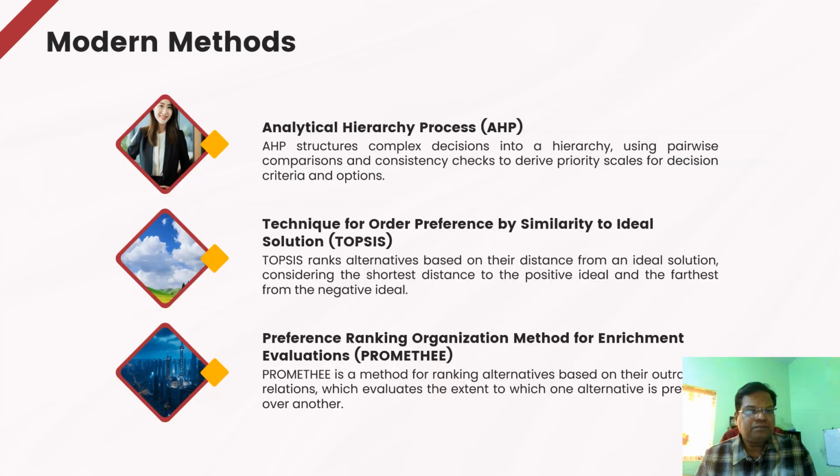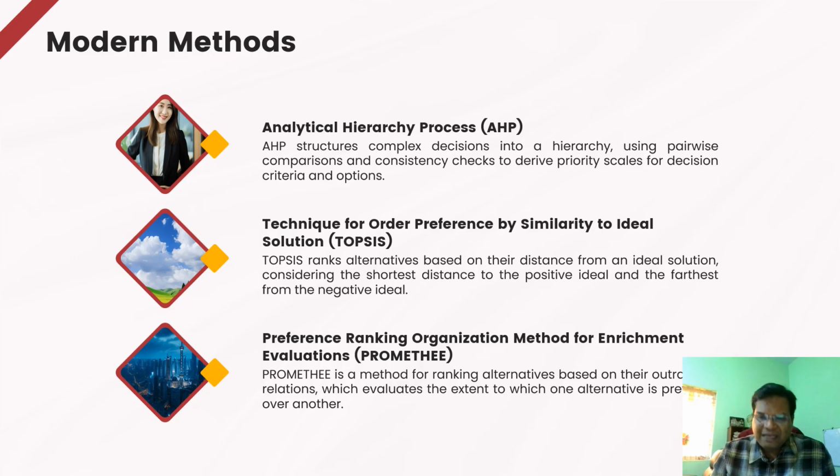Now see some modern methods like the analytical hierarchy process, another is TOPSIS and PROMETHEE. The AHP structures complex decisions into a hierarchy using pairwise comparisons. Suppose we have 10 variables.